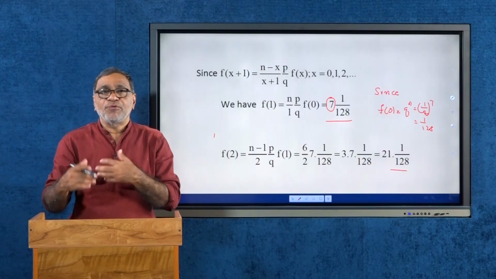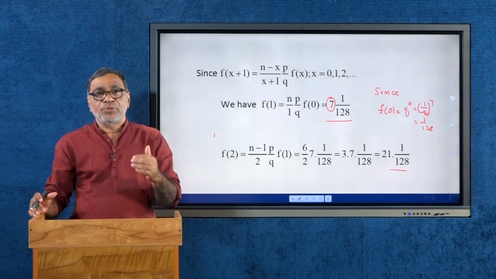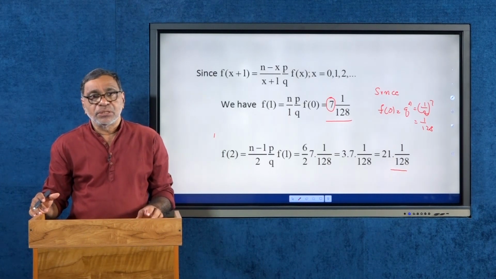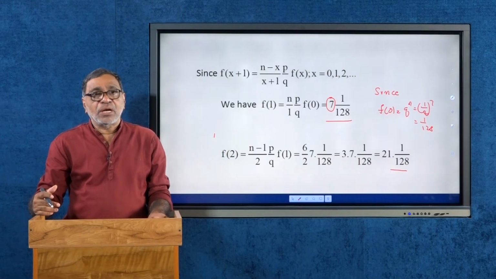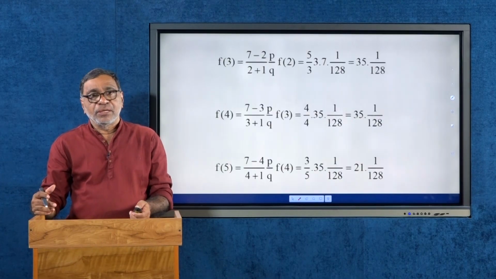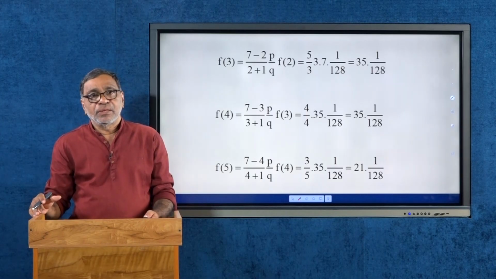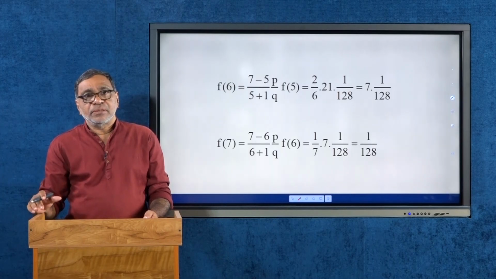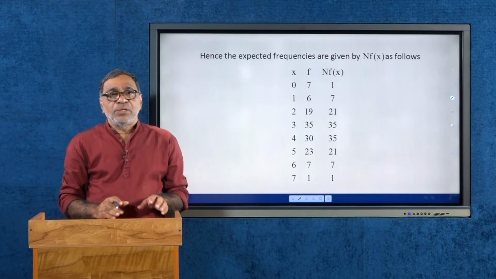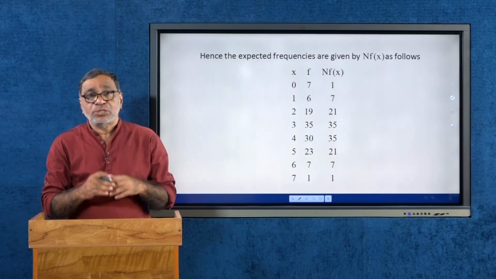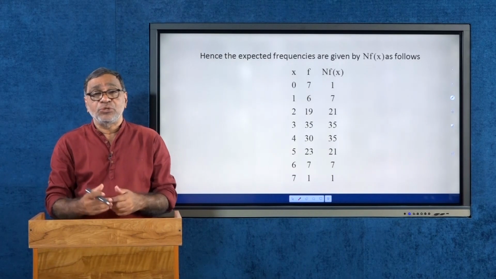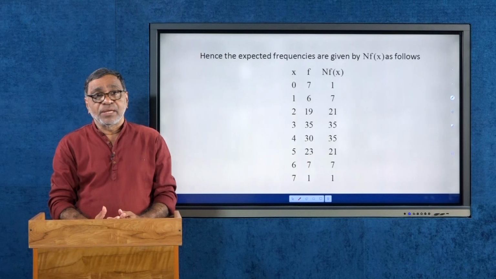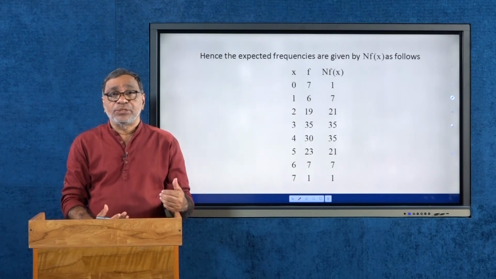So instead of calculating f1, f2, f3, f4 using the usual formula nCx p power x q power n minus x, we are using the recurrence relationship to calculate the values f1, f2, etc. Here you are tossing 7 coins simultaneously, that experiment is repeated 128 times, and the observed frequency is given to you.